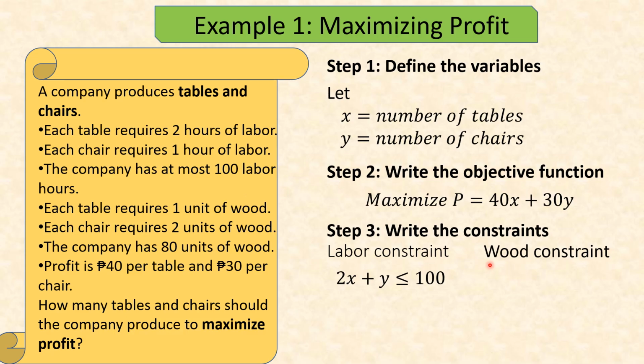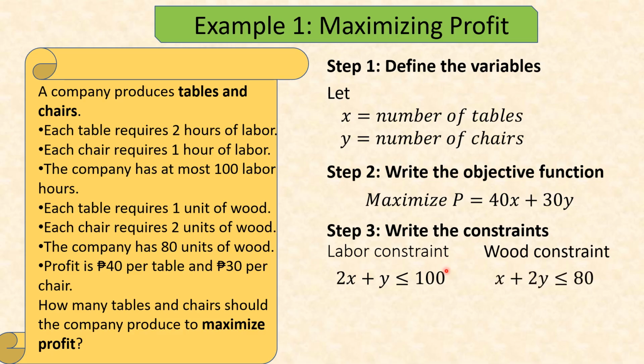Now we will write the inequality for the wood constraint. Each table requires 1 unit of wood, so that is 1 times X, or X. Each chair requires 2 units of wood, so that means 2 times Y. The company has 80 units of wood, so that is equal to 80.